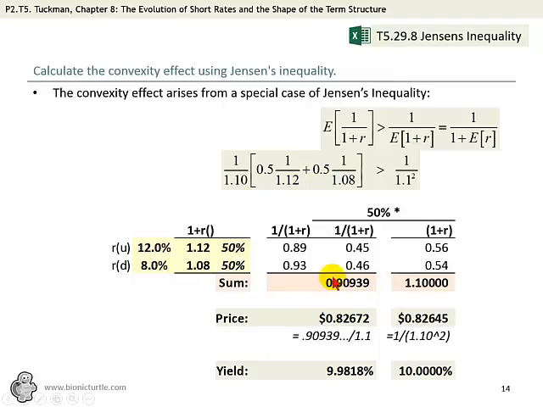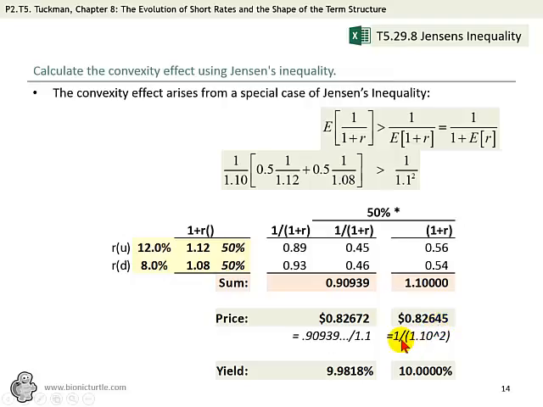So here we have that 0.90939 divided by 1.10 gives us this price on this left-hand side, which is greater than the price if we just took 1 divided by 1.10 quantity squared, which would be 0.82645. See the difference there?